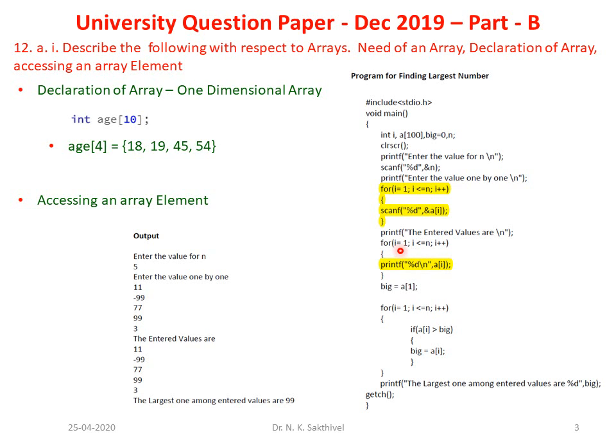So i equal to 1, so a of 1. The value stored in a of 1 will be printed, and it goes on. This is a program to find the largest number, but I am not explaining the entire program. I used this program for understanding purposes. So this is the example to demonstrate the one dimensional array.